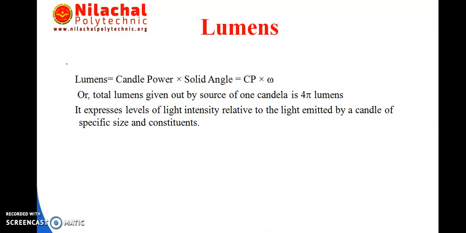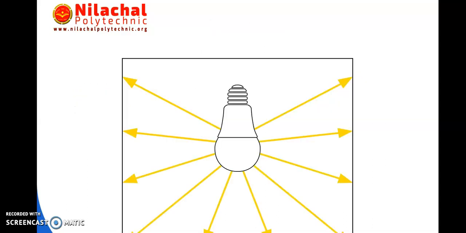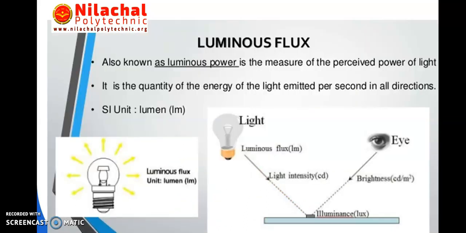The total lumen given out by a source of one candle is 4 pi lumen. It expresses the level of light intensity relative to the light emitted by a candle of a specific size and constituents. That is called a lumen. So this is luminous flux, the total light a lamp puts out.